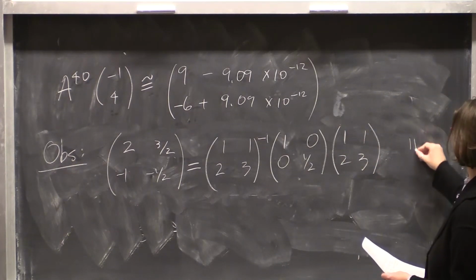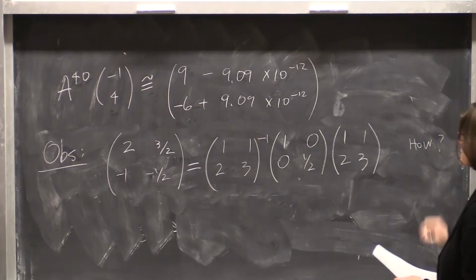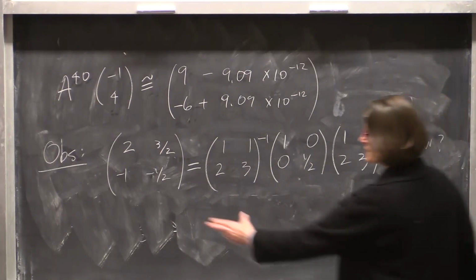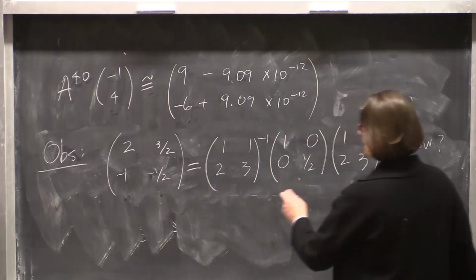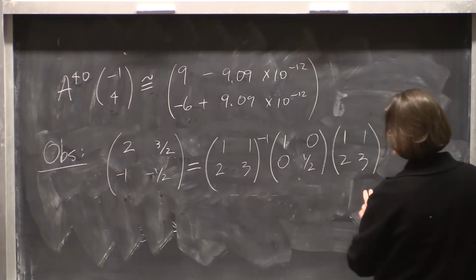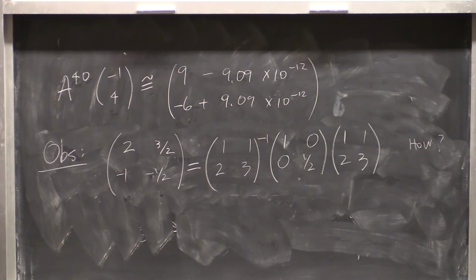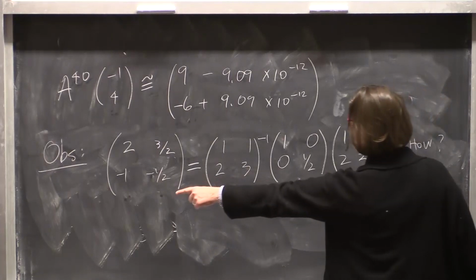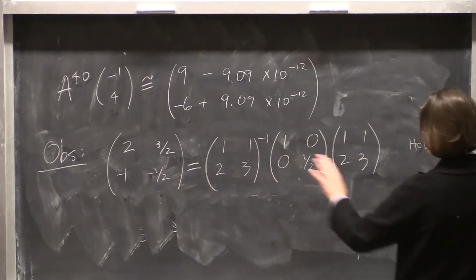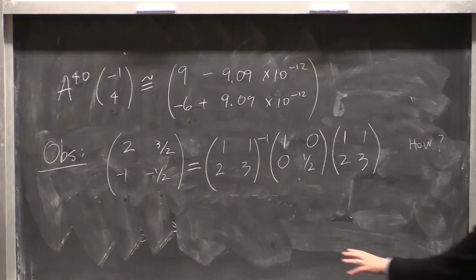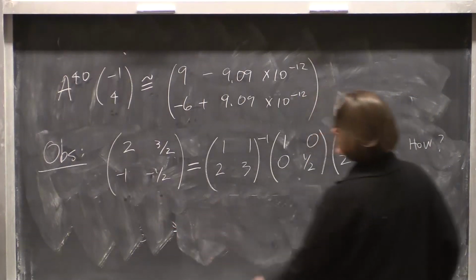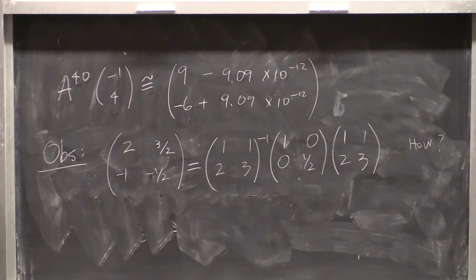So the first question is, how did I get that decomposition? Given this matrix, how could I figure out that it's written in this form? In practice, what I did in my own office was I built A by doing this. But this is going to have to do with diagonalizing matrices. We're going to be doing that soon, but not now.